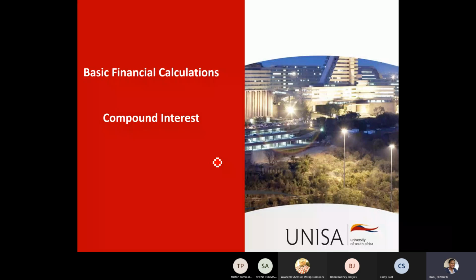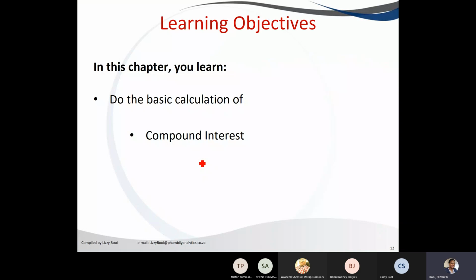Okay, moving on to what we also discussed, the compound interest. We've learned how to do the basic calculations when it comes to compound interest. What is very interesting is that those with financial calculators can now use your financial calculator function. The functions are the same throughout until we get to the end of your components, like when we do amortization.